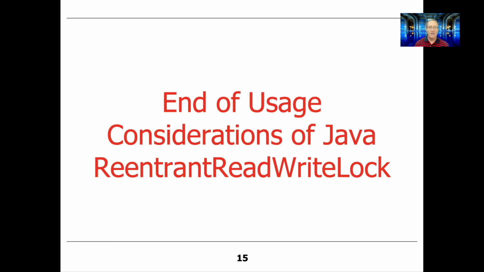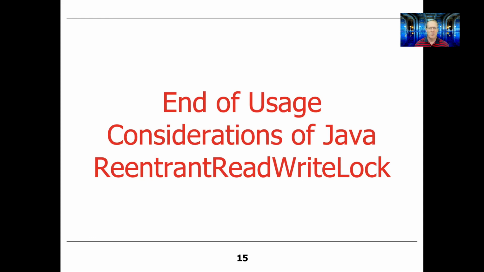So you might ask, why even bother covering ReentrantReadWriteLock at all? Well, the main reason is if you're stuck in older versions of Java before Java 8, that's really the only readers-writer lock in town. And so you may have to use that. But that would really be the only circumstance in modern programs where I'd ever consider using ReentrantReadWriteLock. And even then, I would probably be very careful to use it sparingly.